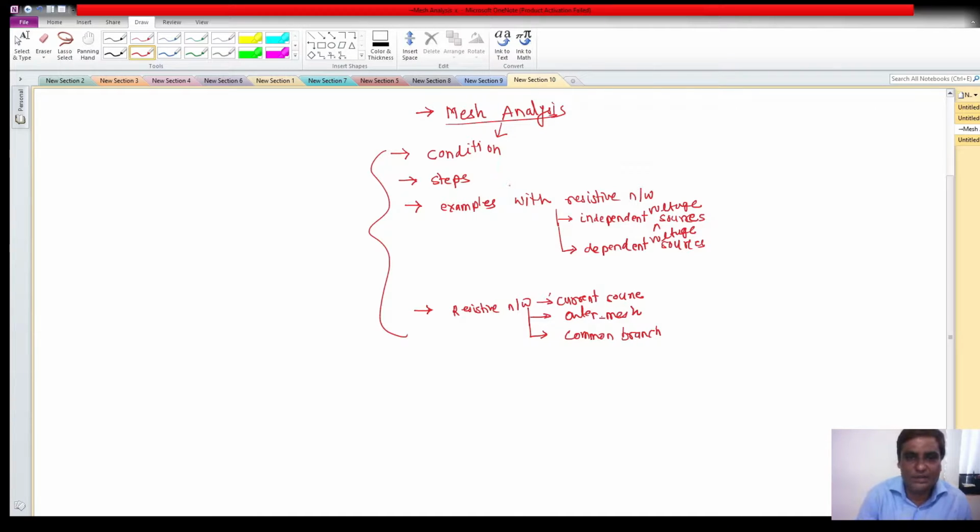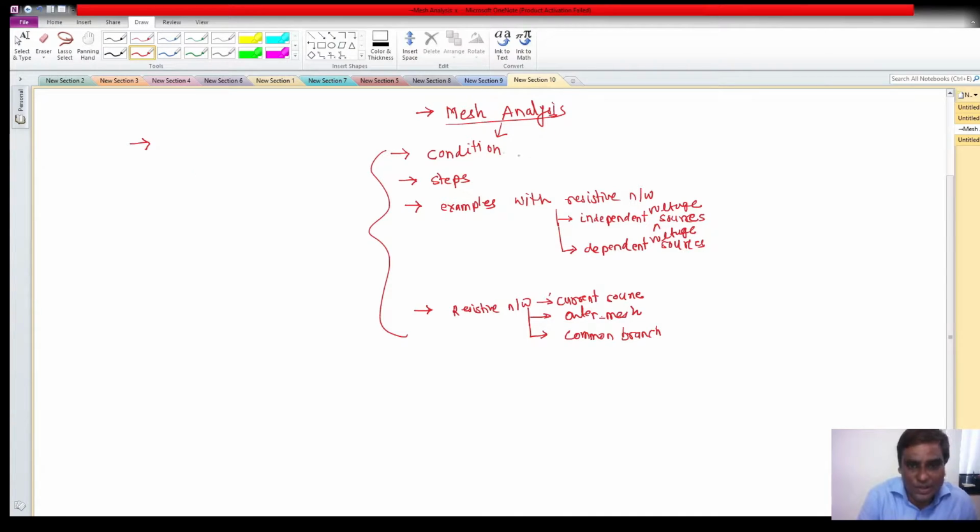So let us start with the condition where mesh analysis can be used. As we have seen, nodal analysis is a completely generalized method by which you can write the equations for any electrical circuit.